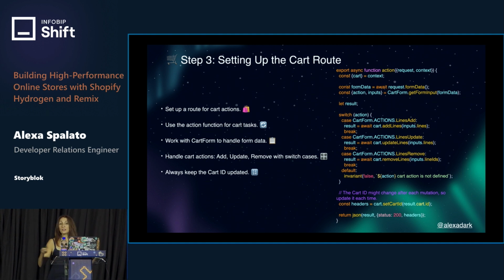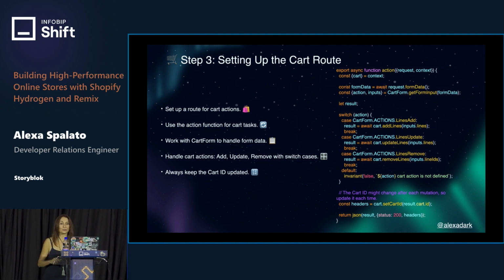Okay, now we need to set up the cart route. And we need an action function in this cart route to process all the cart actions. So we grab the form data from the request and we pass it to cart form get form input to grab our action and inputs.